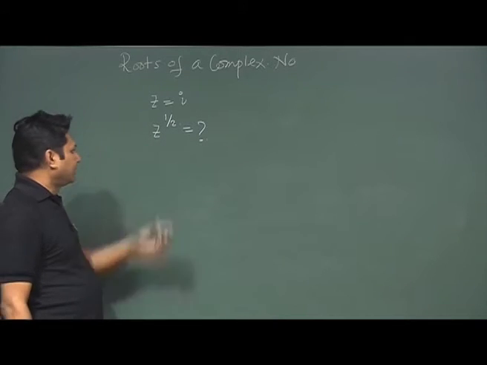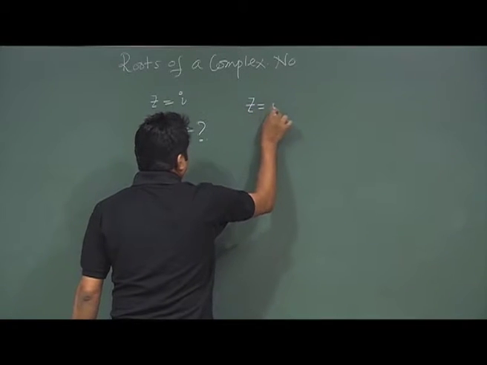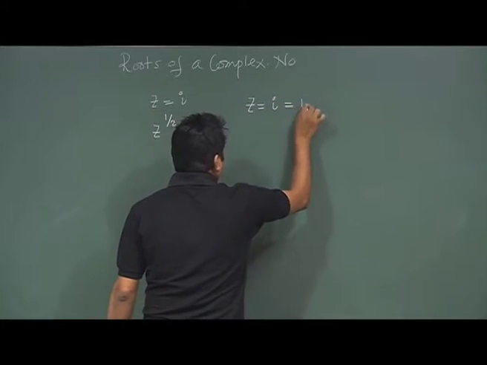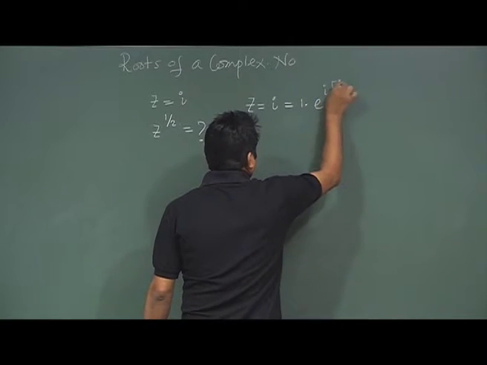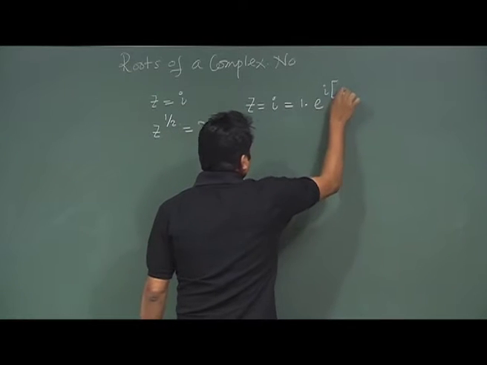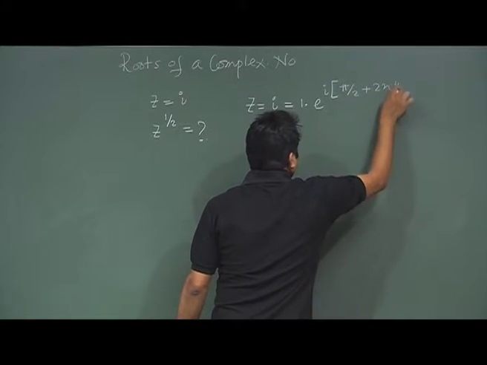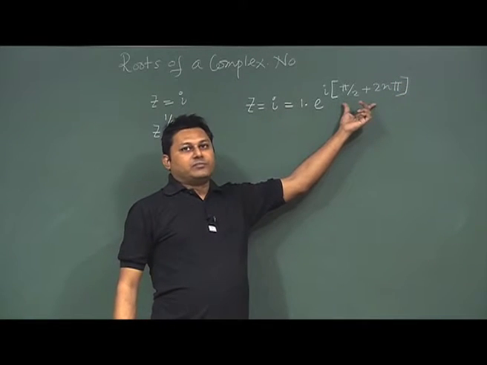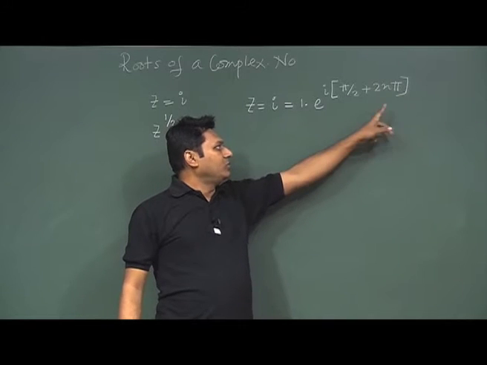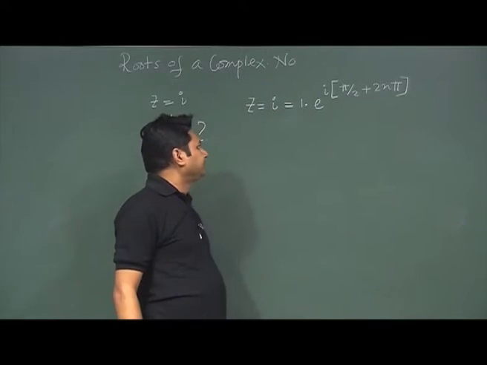What is the value of the square root of i? So, I know z is equal to i, that means it is 1 times e to the power of i, and this i suggests the value is pi by 2 plus 2 n pi. This is my argument of z, the principal value plus these things. So, this total thing is the argument of z.